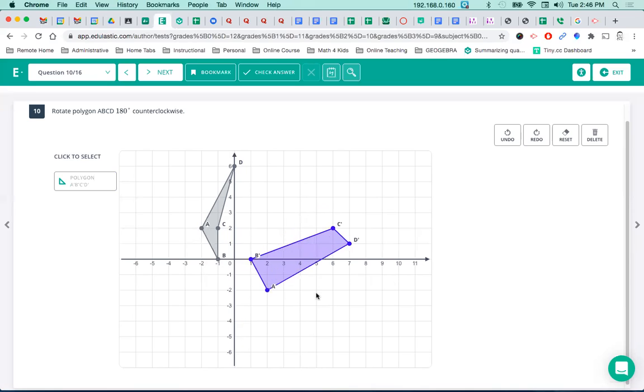That goes there. C is at negative 1, 2. That goes to 1, negative 2. And D is at 0, 6. So that goes to 0, negative 6. All right, this has now been rotated 180 degrees. We went counterclockwise this way, but they're the same either way. Okay.